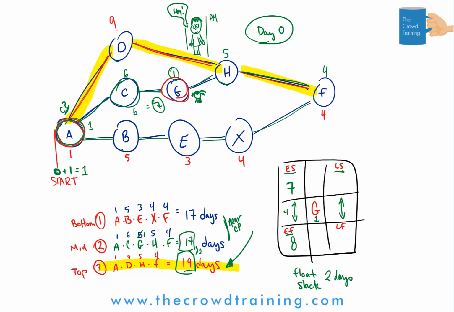But the latest start, now we can go what's called a forward pass, going this way, or backward pass, starting at the end and working our way backwards. Either way, it doesn't really matter, but if you're going with the late finish, I would start at the finish. If you're going with the late start, I would start at the start. Forward, backwards, again, it depends on what the arrangement of the network diagram is and how it makes sense for you.